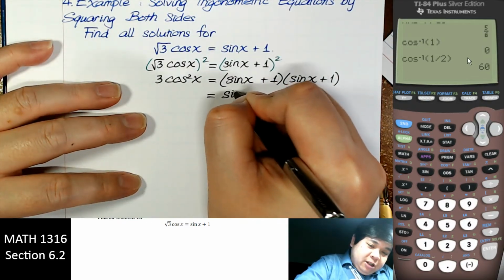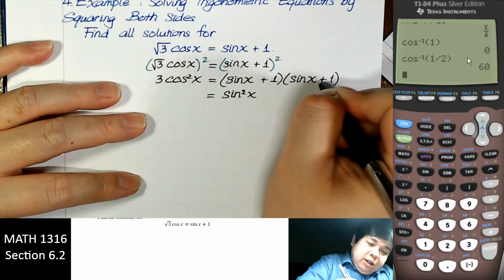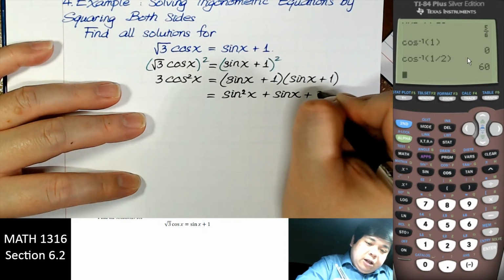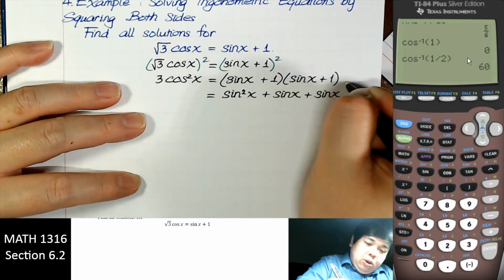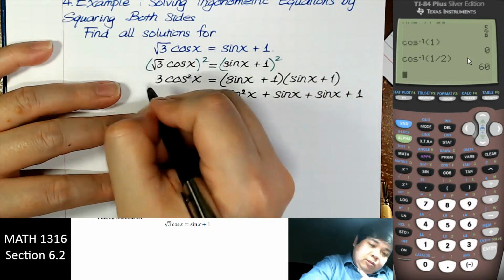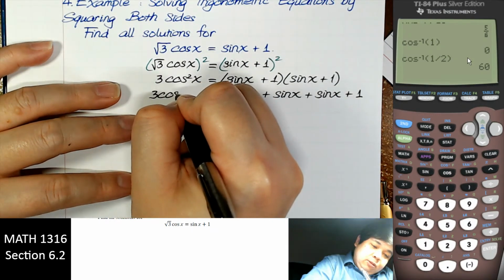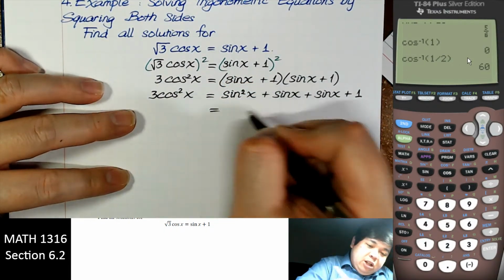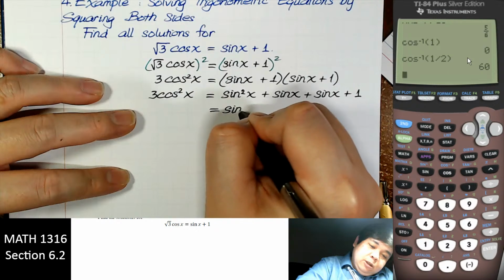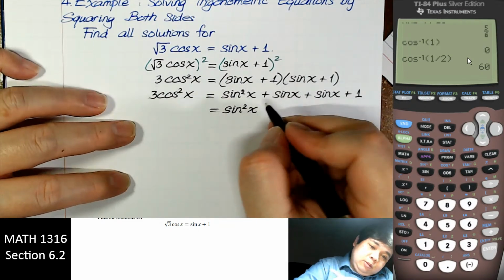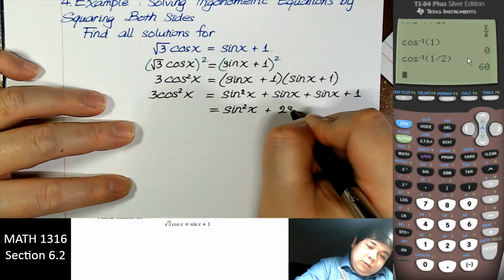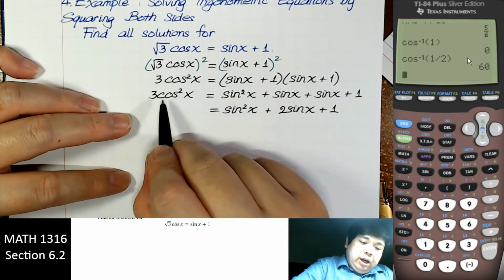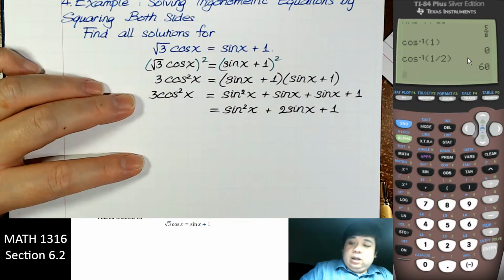Sine x times sine x is sine square, and then sine x, and then sine x. 1 times 1 is 1, and the sine x terms make it 2 sine x. And then 3 cosine square.